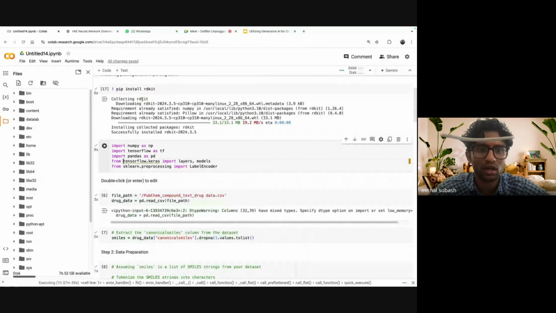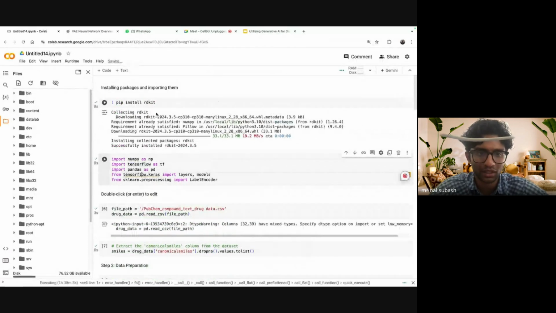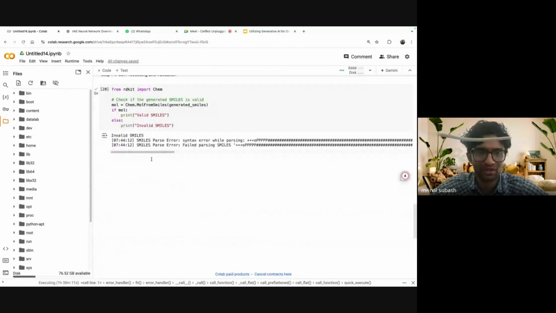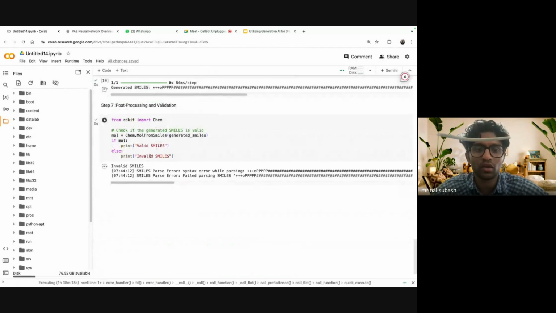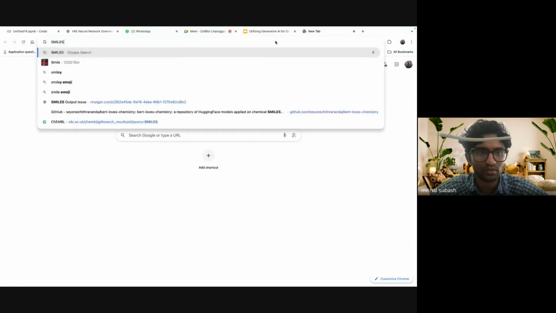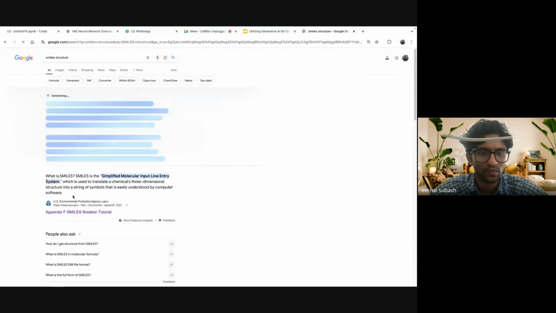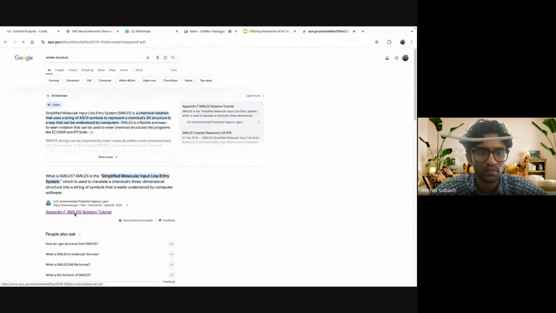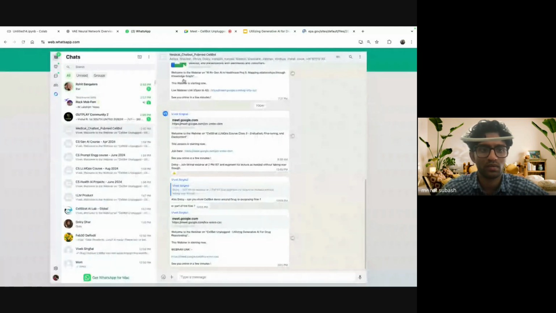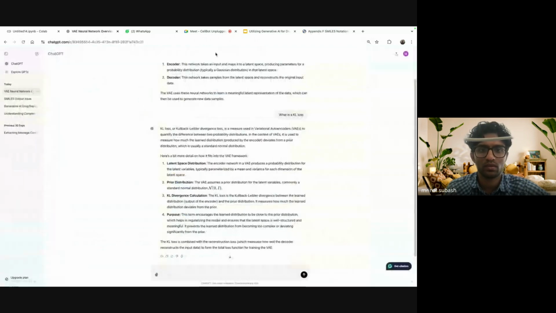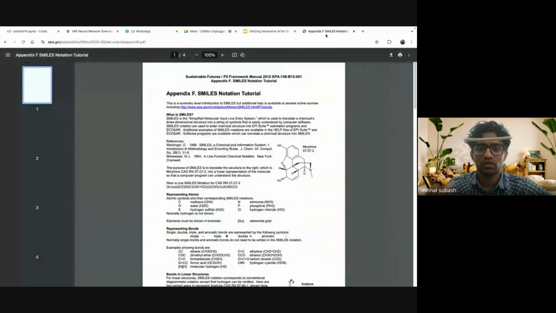Okay, but anyways, there is this package called RDKit that I have used for basically loading something called SMILES strings.